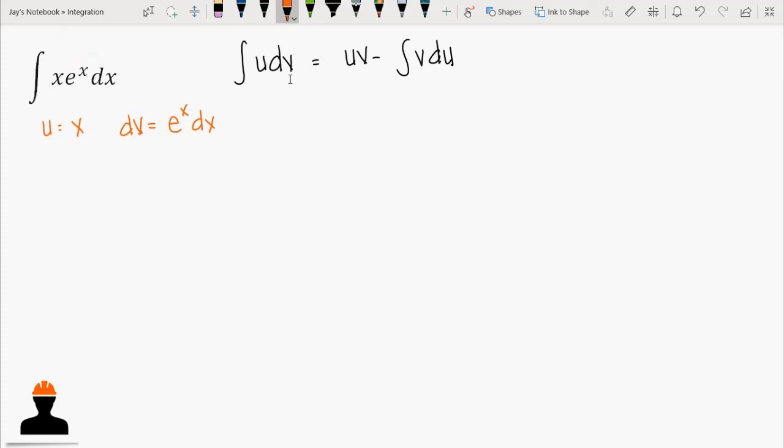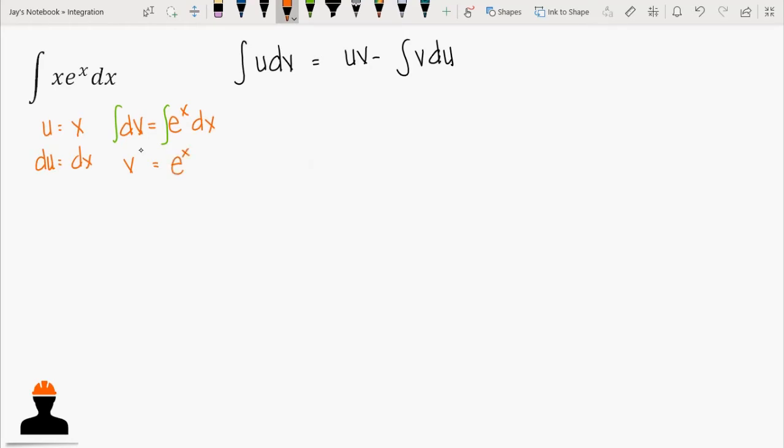So we have the derivative of u, that is dx, and now we need to identify the value of v, since from our by parts formula we have v here. How are we going to determine v? Take note, we just need to integrate dv, and by integrating e raised to x dx, we still have e raised to x.